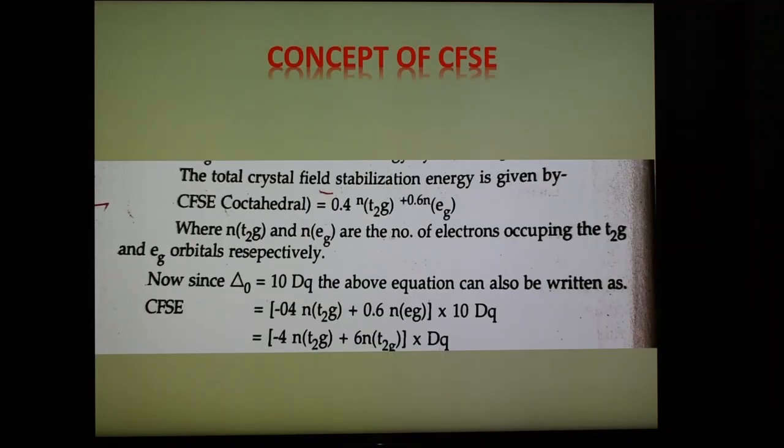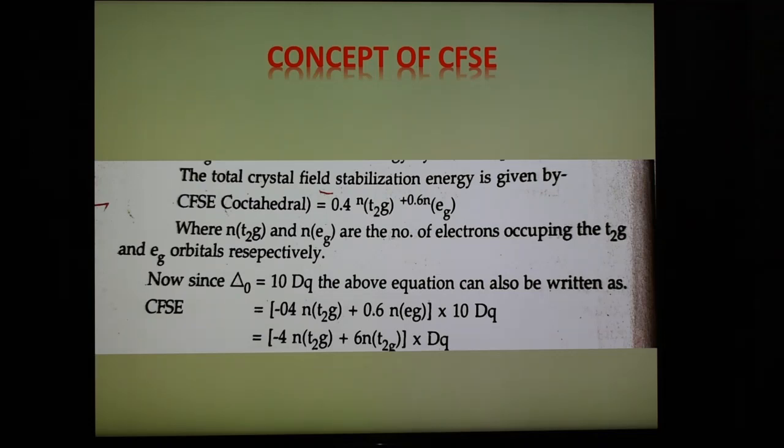Now in the next slide, what is CFSE? Crystal field stabilization energy. According to CFT, under the influence of six ligands approaching the central metal ion during the formation of an octahedral complex, the d orbitals are split into two sets, T2G and EG. The T2G set is triply degenerate, while the EG set is doubly degenerate.